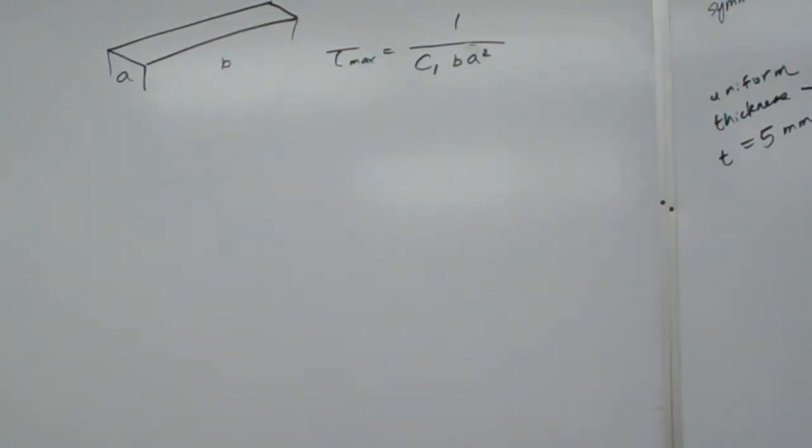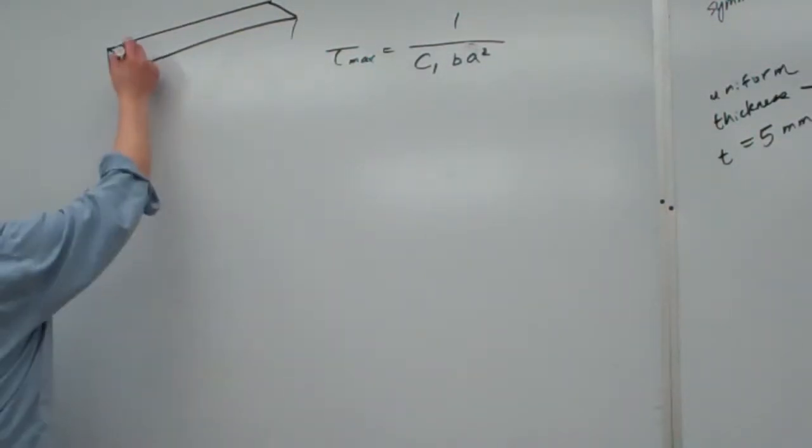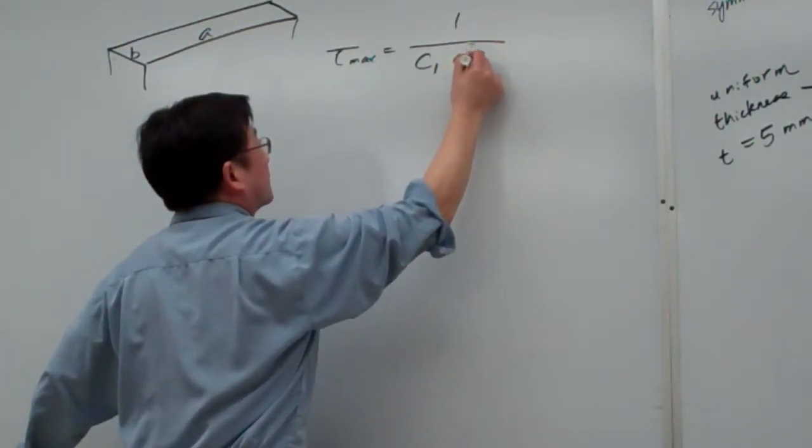No, B is a short one, A is a long one. So this is AB squared.